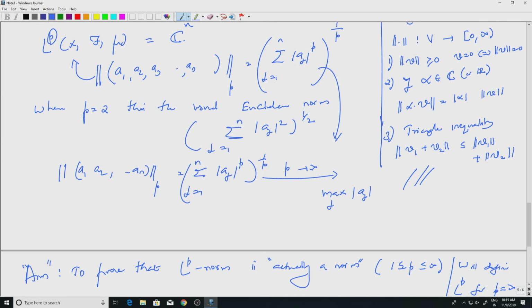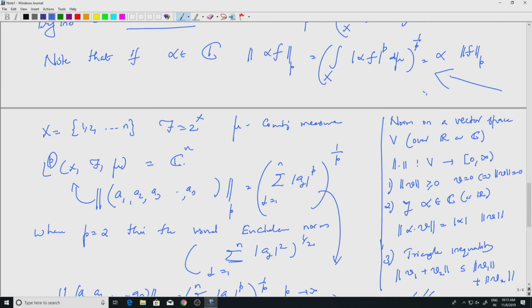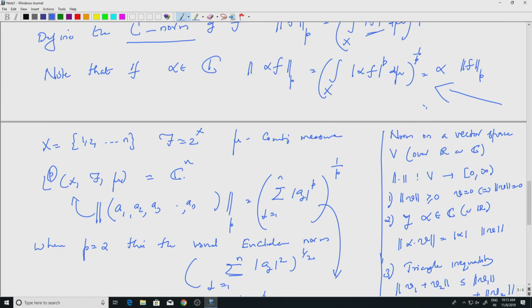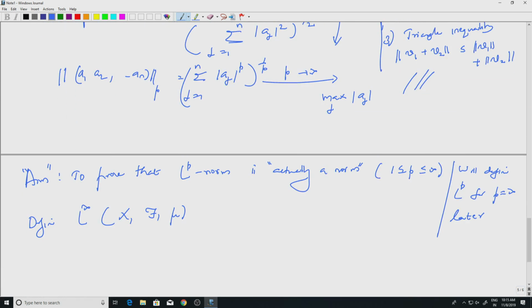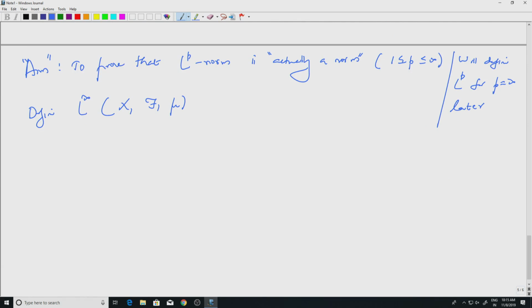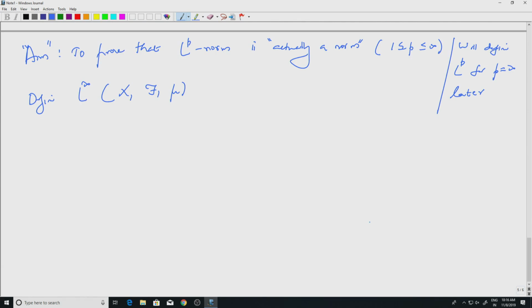But you see, this is a counting measure, so there are no sets of measure 0. If there are sets of measure 0 and the function takes the value infinity there, then the maximum will be infinity. We do not want that. So, we will throw away sets of measure 0 and then take the maximum. How do we do this?